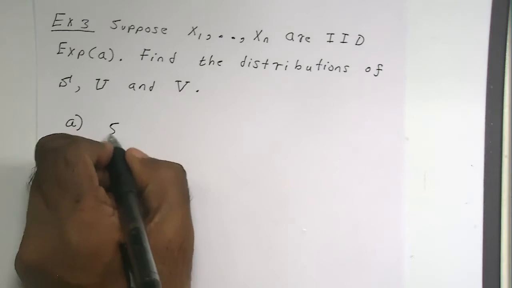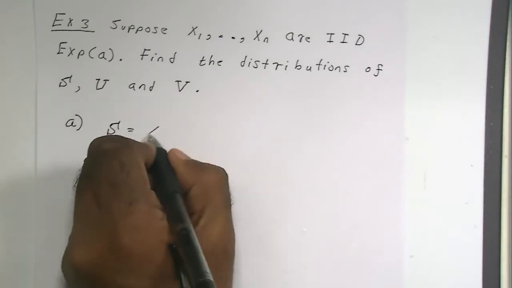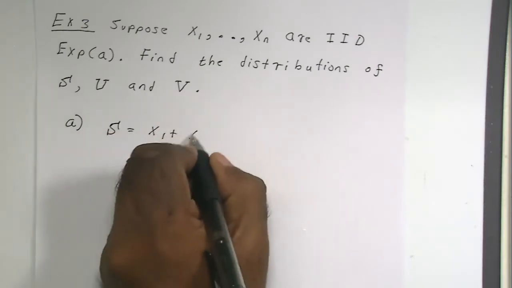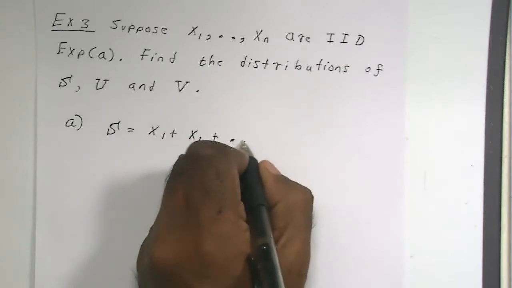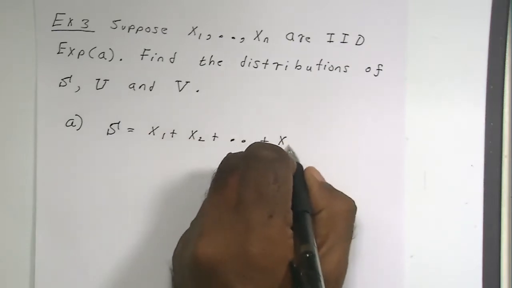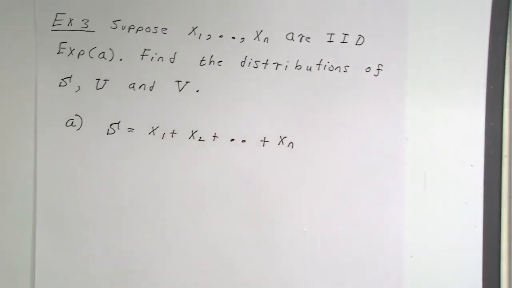We know that S is the sum of this, right? Now this is why you really need to know. I know some of you did my course two years ago, called statistical methods. In that course I showed the class what the distribution of this is.